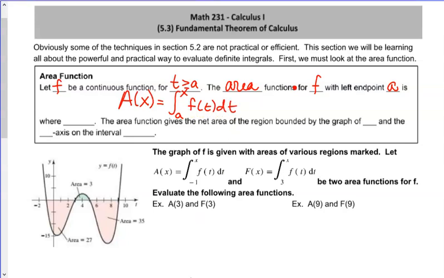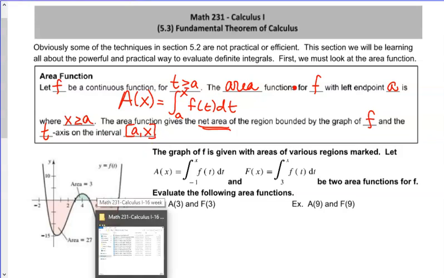Okay, so we're making a definition here for that area where x is greater than or equal to a. Now, the area function here gives the net area of the region bounded by the graph of f and the t-axis on the interval from a to x, okay?